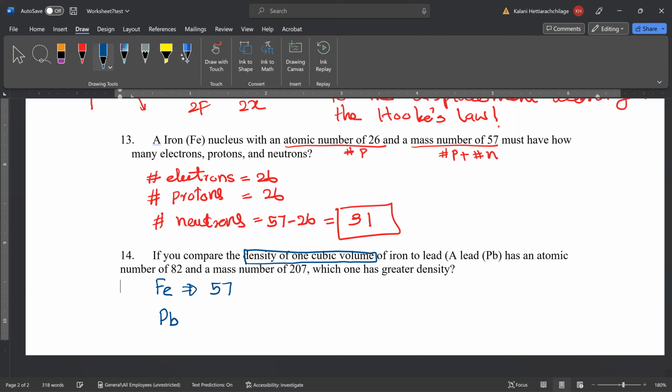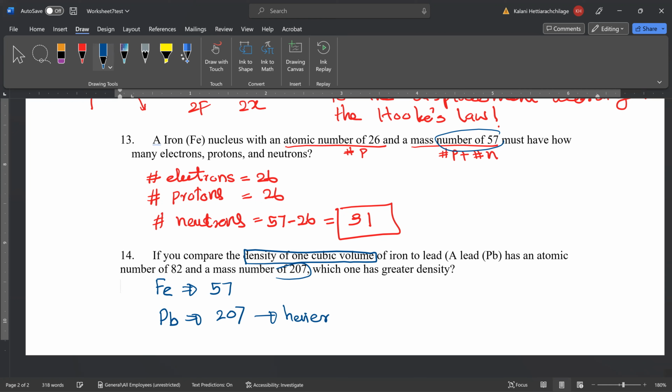And for the lead, the mass number is 207. What that represents in the periodic table is that lead is further down than iron. Lead is the bottom element, which means it is heavier.